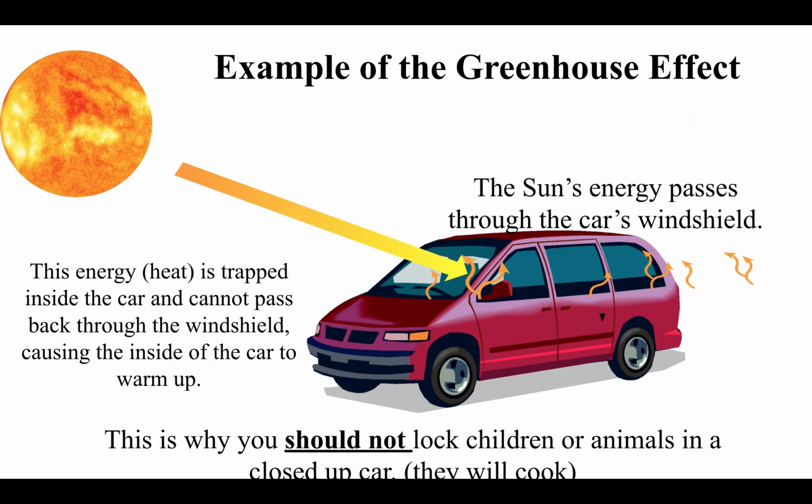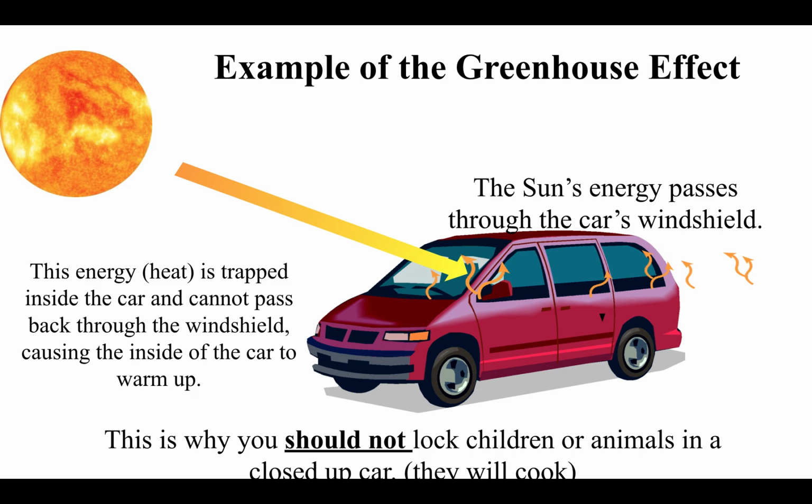You can think of it sort of like a car on a sunny day. On a sunny day, the energy from the sun will pass through the car's windshield and come inside the car. But that heat is going to be trapped inside. And unless there's a window open, that car just gets hotter and hotter and hotter. And unfortunately, babies and animals die every year because they're cooking inside their hot car.